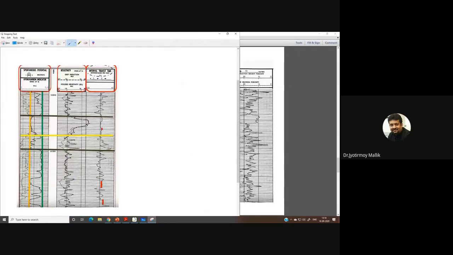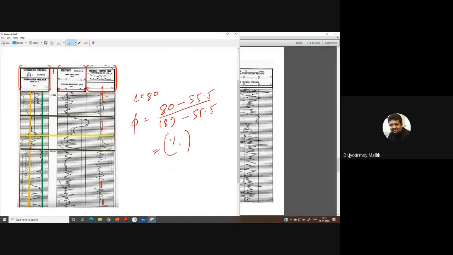Let's take a snapshot and explain. I measure the transit time here, whatever it is, say 80. That is my delta T. This is again the sandstone unit, so my porosity phi will be 80 minus 55.5, because that is the delta T matrix for sandstone, divided by 189 minus 55.5. Then we can calculate the percentage of porosity.